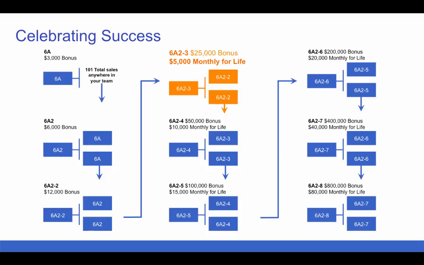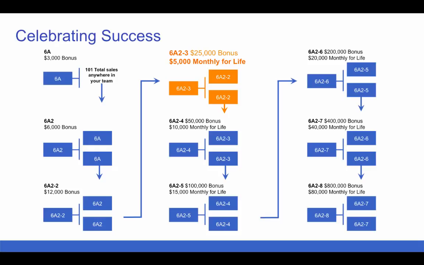I mean, this has nothing to do with your sales, has nothing to do with your educational bonuses, has nothing to do with the 8 or 9 other ways of getting paid. This is just something extra from the company. And so I just think that this is a great, great goal for all of you to go for. And all it is, is you helping 2 people get to 6A2-2, you become a 6A2-3.